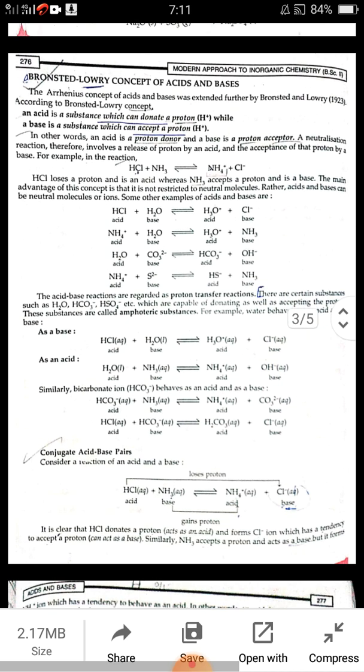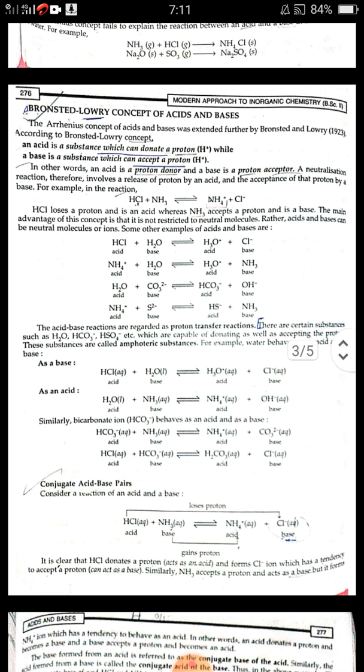The second concept is the Bronsted-Lowry concept of acid and base. According to this concept, an acid is a substance which can donate a proton and a base is a substance which can accept a proton. So an acid is a proton donor and a base is a proton acceptor.